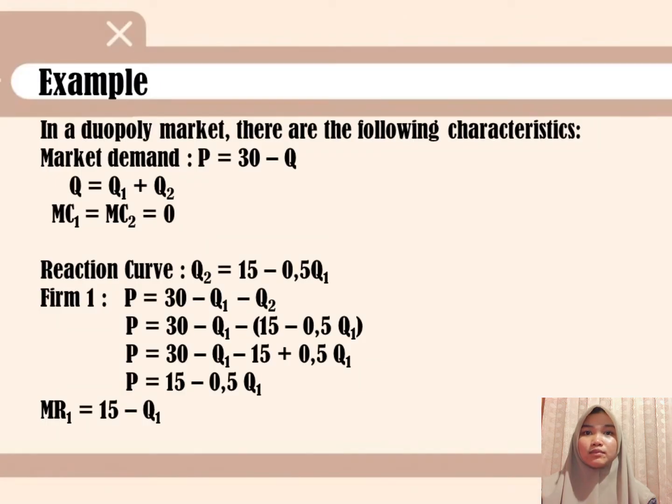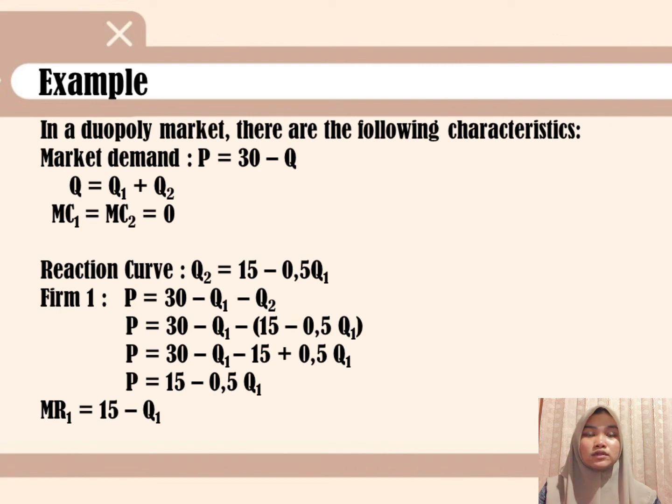Okay, for example, in a duopoly market, there are the following characteristics, which are the same as our example in the Cournot model. And we know the reaction curve, Q2 equals 15 minus 0.5 Q1. And for Firm 1, P equals 50 minus Q1 minus Q2.